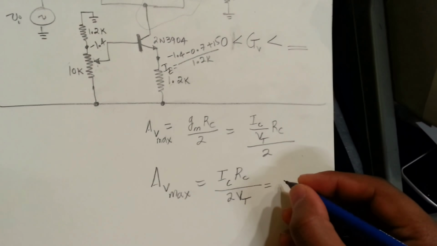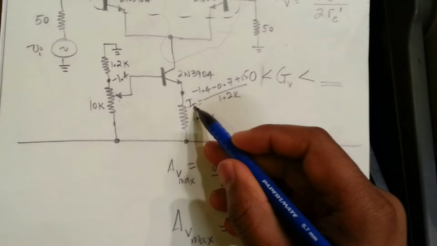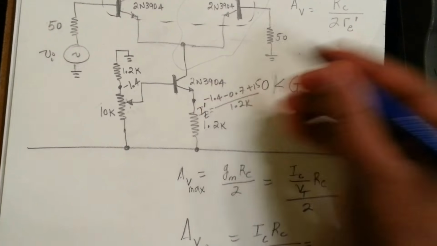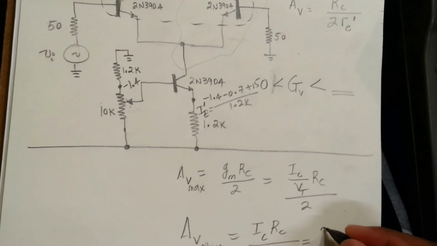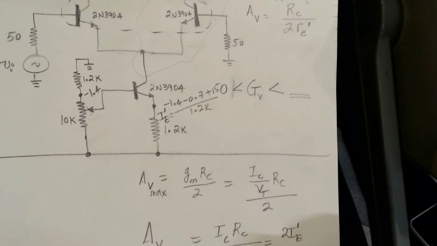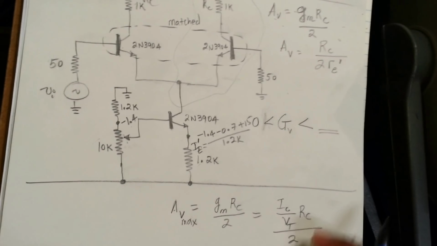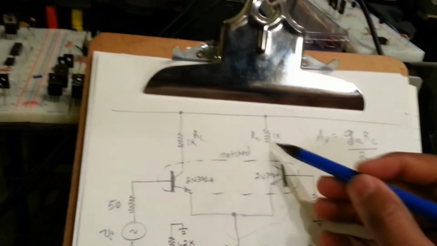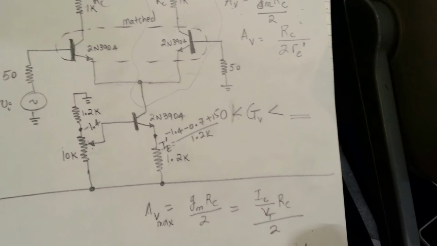So in this case, what I'll do is this IE, which I'll put here as a prime like that, 2 times IE prime like that, right? Sorry, it should be half, right? Because IC is half of that, right? This current, on which our gain depends, is half of this current. So it should be IE divided by 2, right?